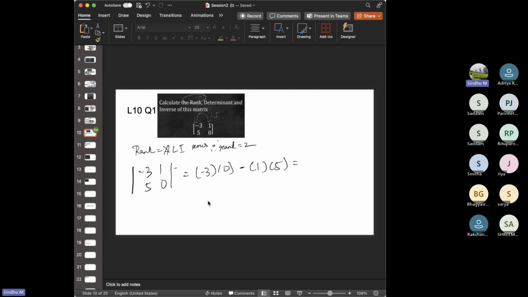So this term is 0 and this term is 5. 0 minus 5 is minus 5. And to get A inverse, we can use the formula.